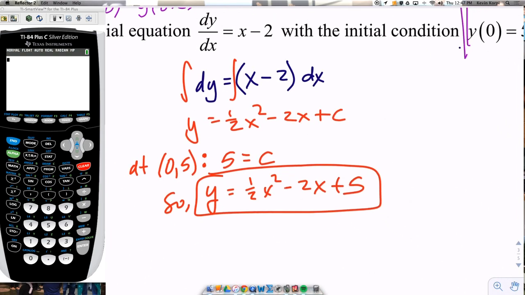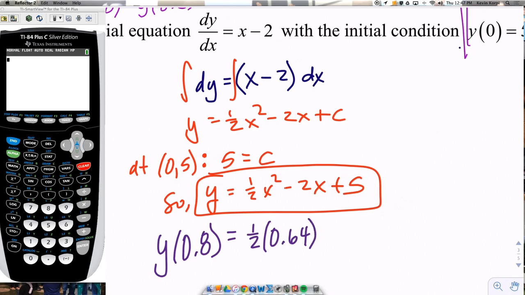And now we can actually calculate what y of 0.8 actually is. And again, we communicate it in function notation with y of 0.8. You don't have to say at x equals 0.8. You get 1/2 times 0.8 squared. 0.8 squared is 0.64, minus 1.6 when you double it, plus 5.